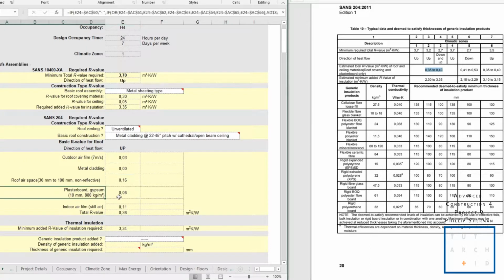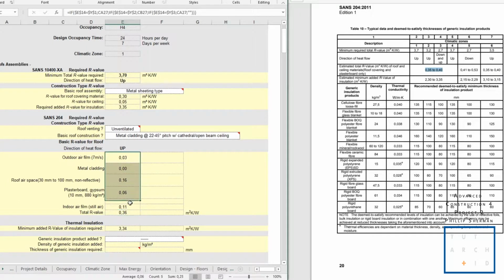If you apply a plasterboard that is 10 millimeters thick, there's a resistance of 0.06. The same applies to the inside. You actually have an indoor air film, still air. That's air that doesn't move. This air can actually move along the material. So we have 0.11 for our indoor air film. That gives us a total R value of 0.36.